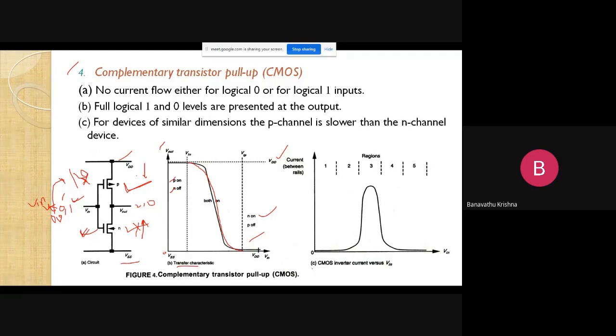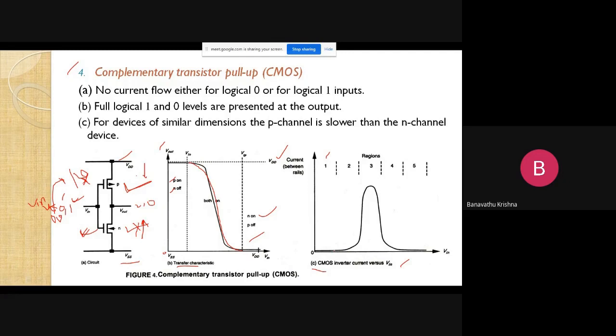And coming to diagram C here, the CMOS inverter current versus V input, right? Same thing here, in region 1, region 2, region 3, region 4, region 5. In region 1, PMOS is on and NMOS is off, right?